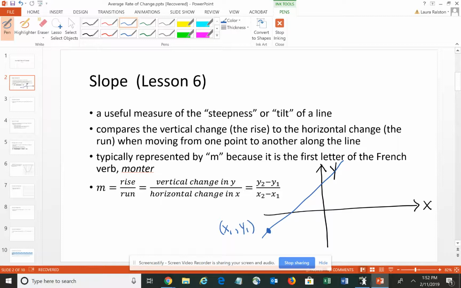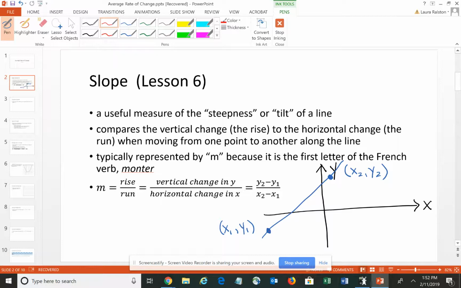So if we have the first point, x1, y1, and a second point, x2, y2, the little subscripts simply indicate this is the first point, this is the second point, and we want to think about what would happen as we move from one point to the other.